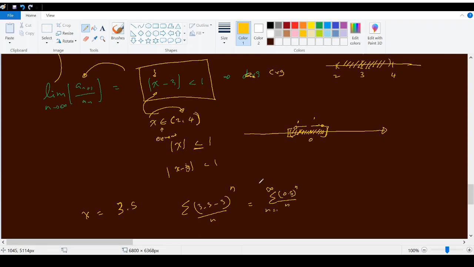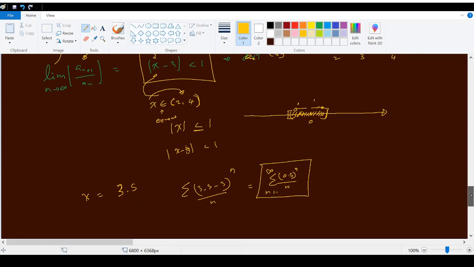At once we can say that this series converges because the x that we chose is in the nice region. The nice region in the sense, when you choose a certain x from this region, the limit for the ratio test will satisfy this inequality. So from the ratio test you can say that the mentioned series will converge.